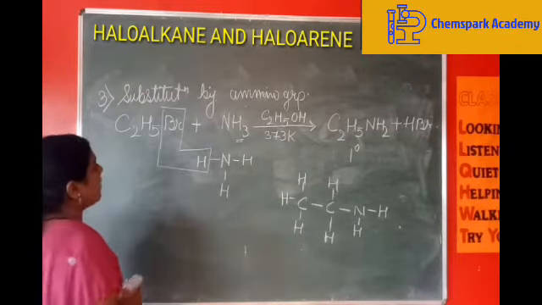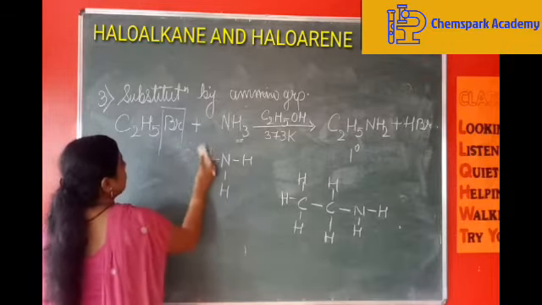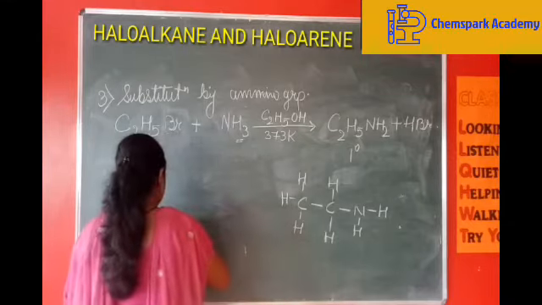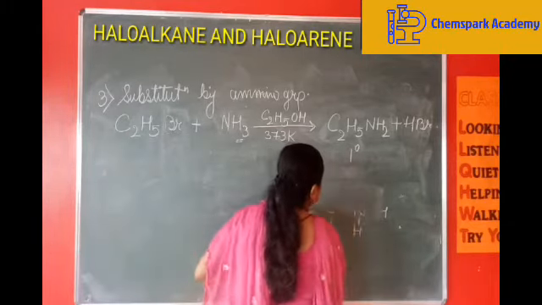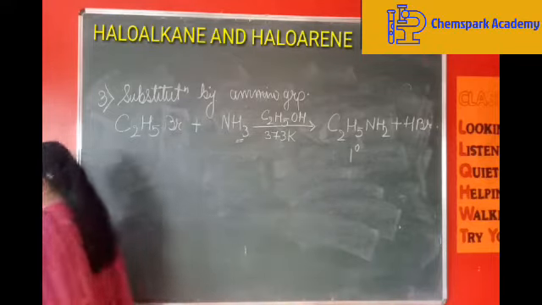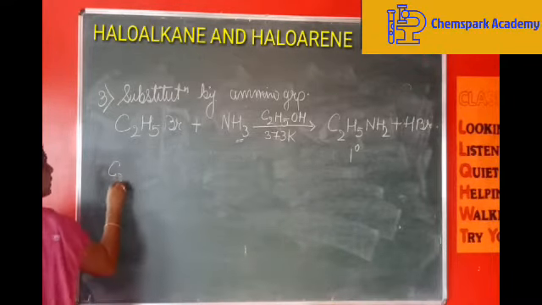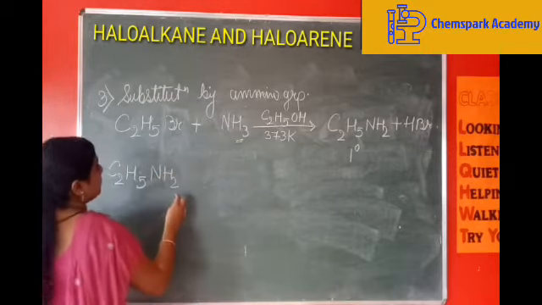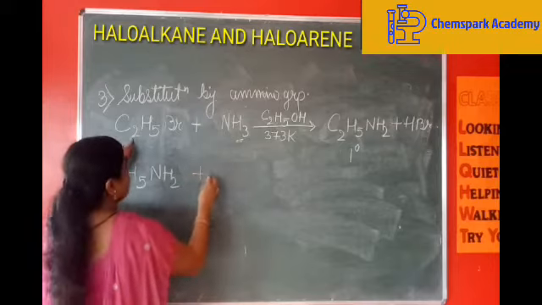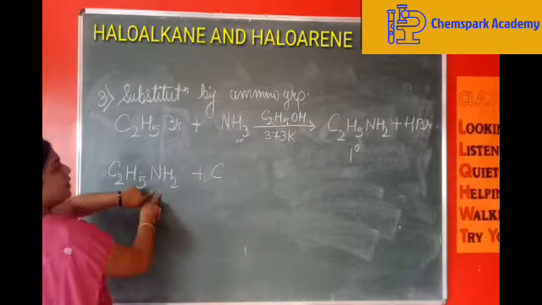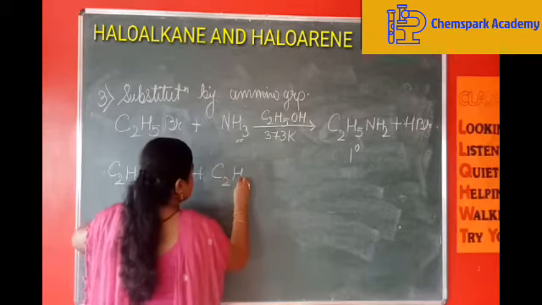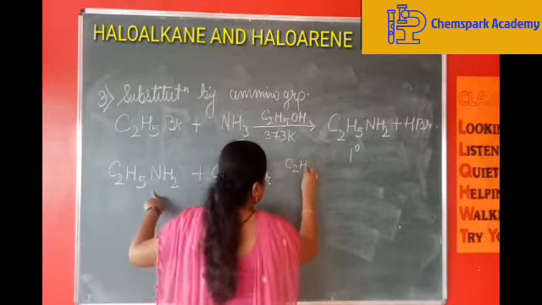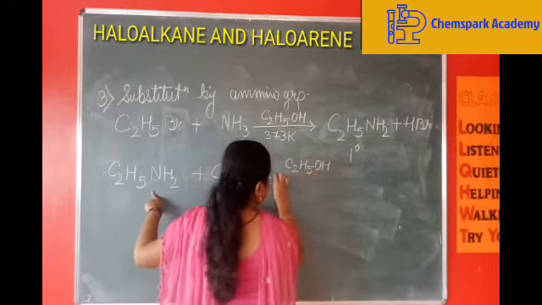Now for the second step, I take the primary amine so formed, as it is going to be a mixture of compounds and the reaction will go on. So now the reaction continues with C2H5NH2 plus again C2H5Br in an alcoholic medium, C2H5OH.